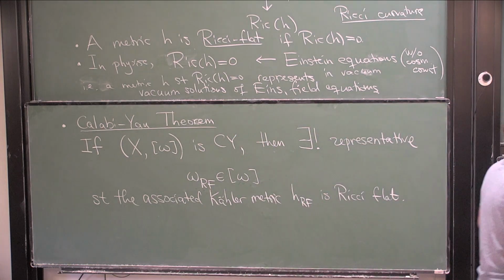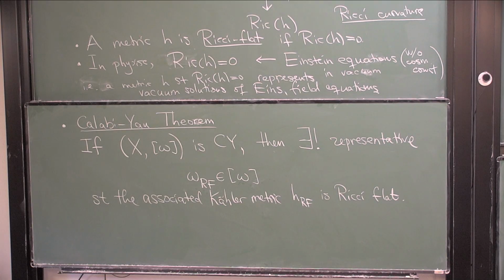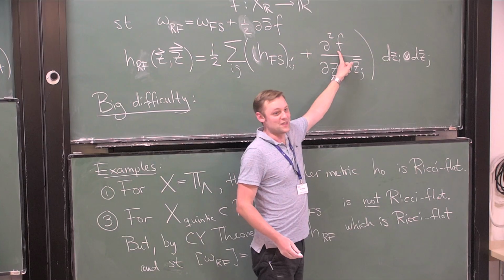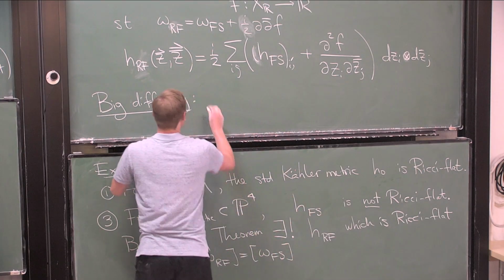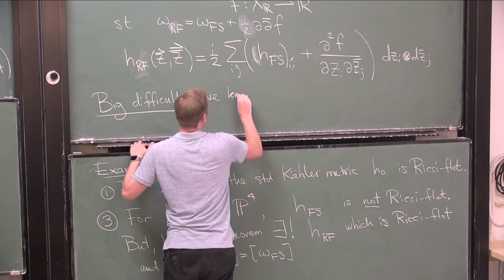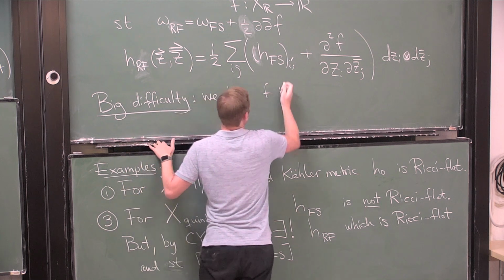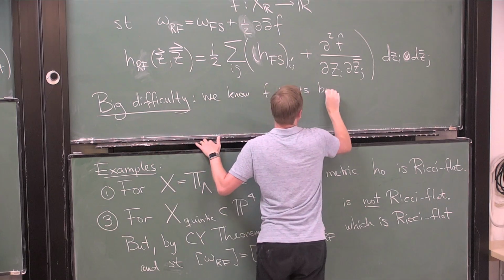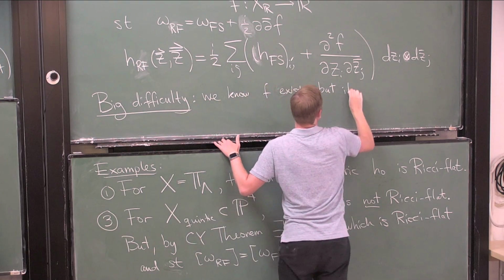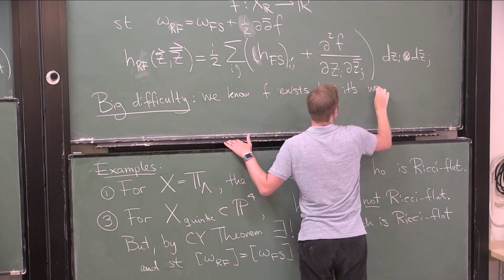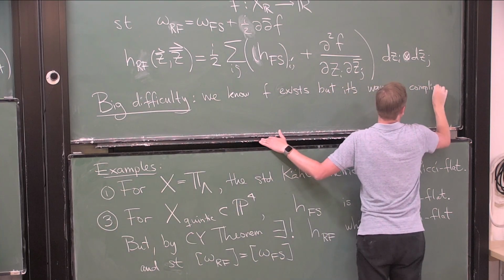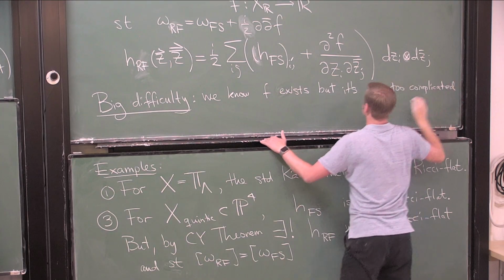The huge difficulty is that we know that such a function f exists, but we cannot compute it. So we know f exists, but it's way too complicated to describe.